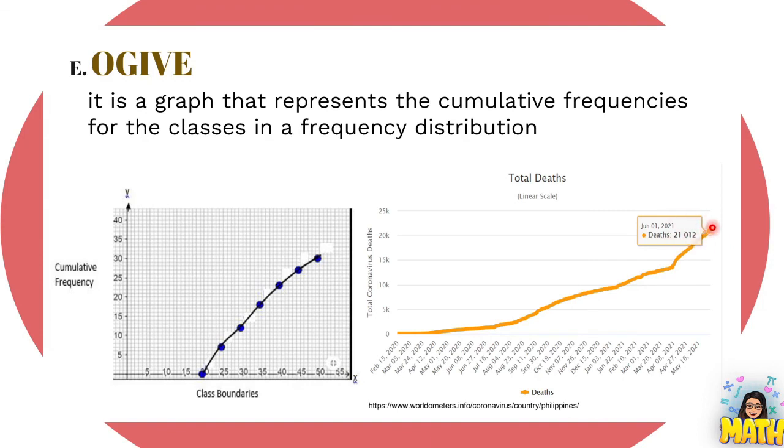This point doesn't mean na 21,000 yung namatay noong June 1, but this point pertains to the cumulative, yan na yung pinagsama-sama na yung number of deaths per day hanggang sa makarating siya sa date na June 1. So ang total nito ay 21,012 na. Ito yung mas nagpapakita ng pagbilis ng pagtaas ng number of cases.